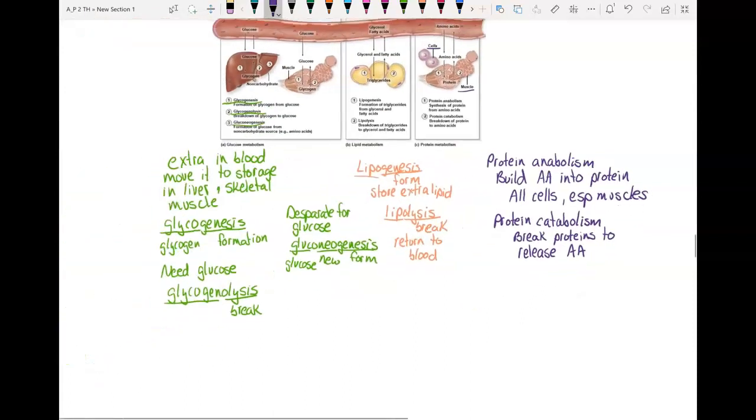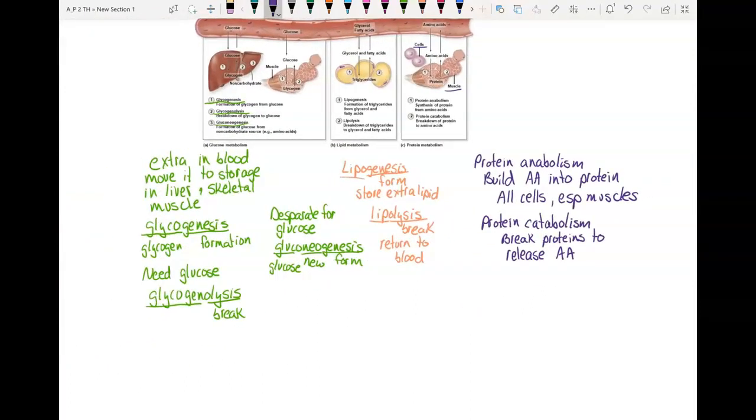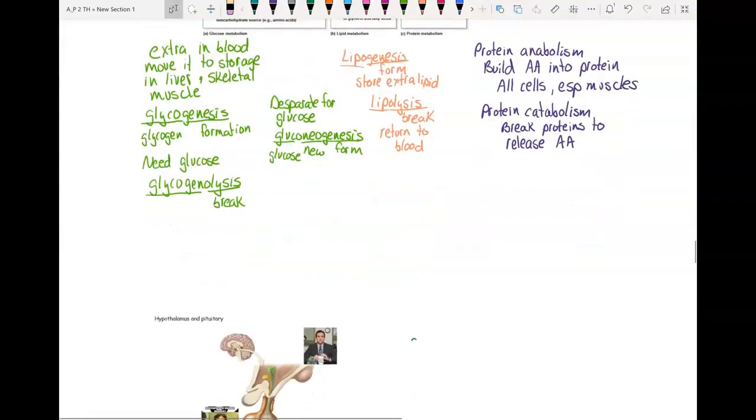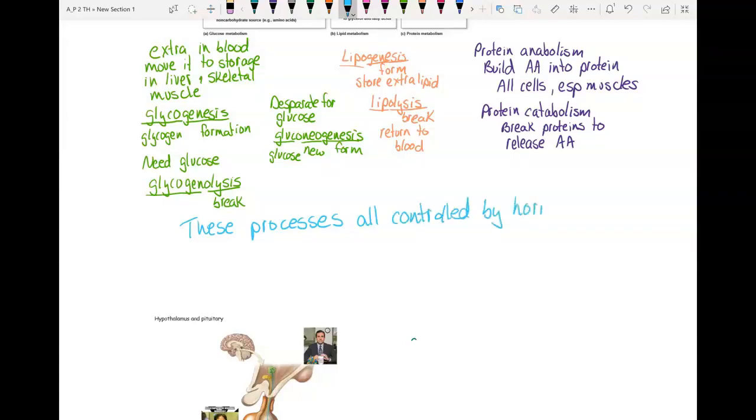So these processes, all the storing and releasing of the 3 nutrients, are all controlled by hormones. And there's many hormones that can influence these processes.